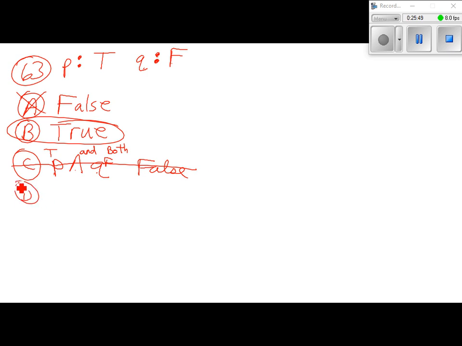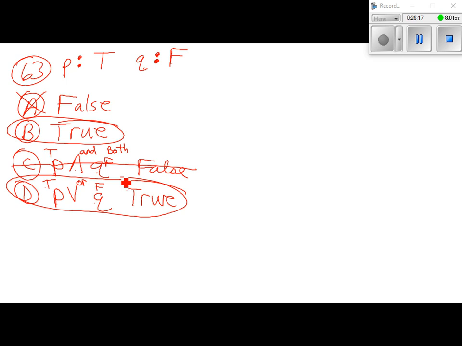D says it's got this symbol with P and Q. Remember, this means or, and when it's or, then one part or the other part, either one's true, then the whole thing's true. So P we know is true, Q we know is false, but one part's true, so that means the whole thing is true. So that one works.